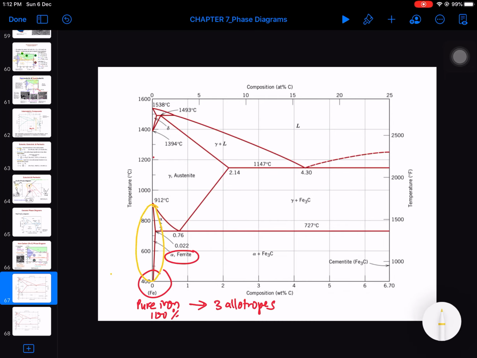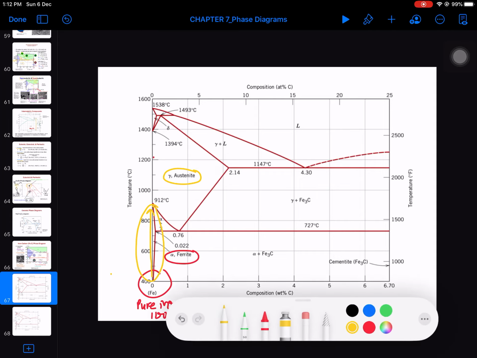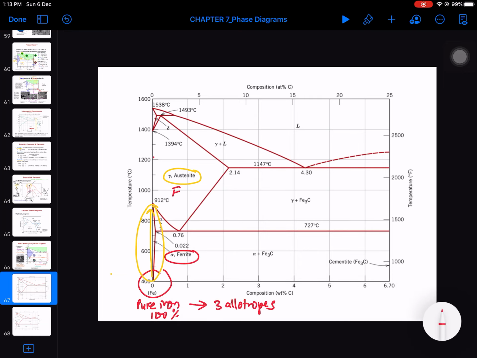And as we go vertically along the line, the temperature increases. When it reaches 912 degrees centigrade, the alpha ferrite will experience a transformation into austenite. Austenite has an FCC crystal structure. The area of austenite is quite vast here, and it stretches over quite a range of temperature.